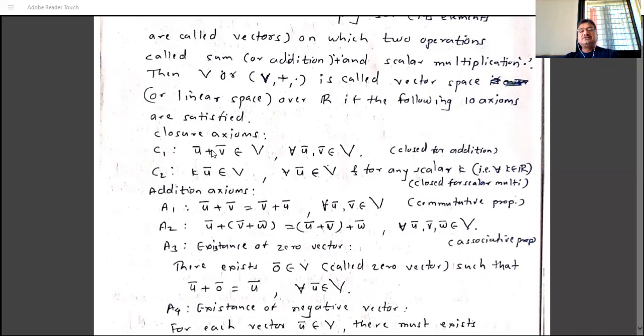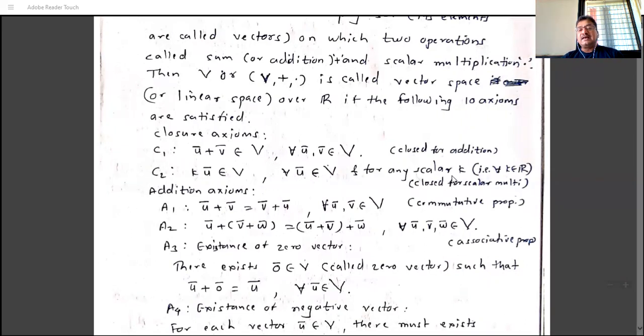So C2 fails. C1 holds for the set of natural numbers, but the second property fails, and therefore the set of natural numbers, capital N, containing the elements 1, 2, 3 up to infinity, is not a vector space.